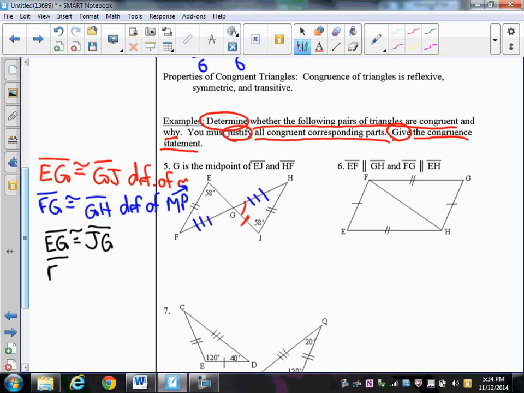I know that segment FG is congruent to segment HG. And I also know from my given information that segment FE is congruent to segment HJ. We didn't say why for this. This is just given information. It was already on my diagram.